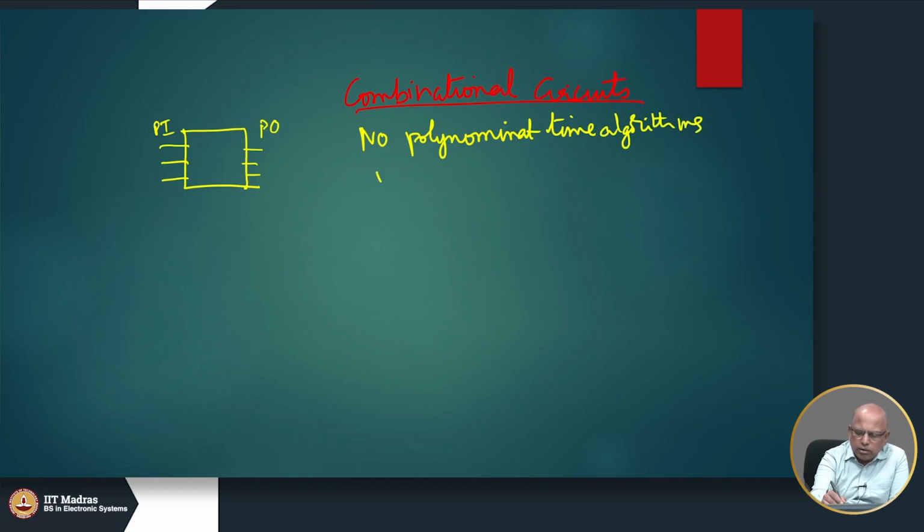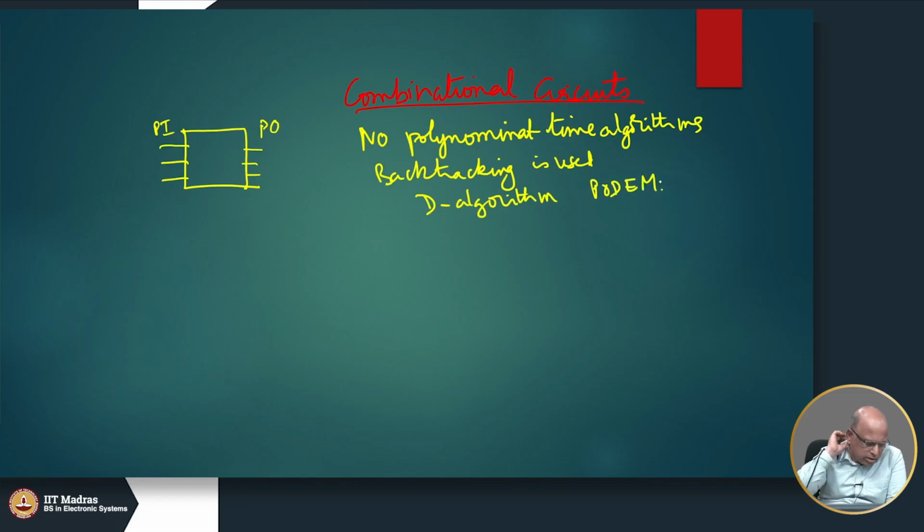So, backtracking algorithms are used. Examples are D and PODEM. And in the worst case, they may do a lot of backtracking and take exponential time.